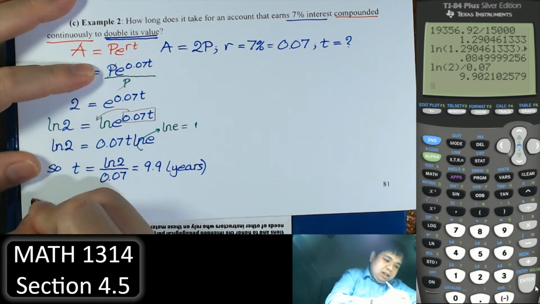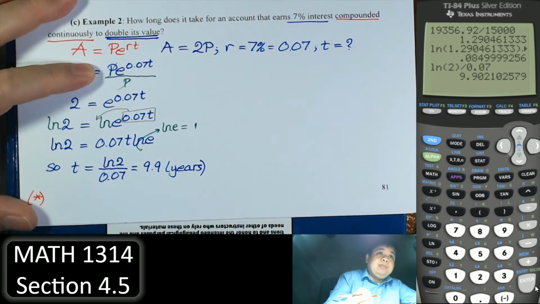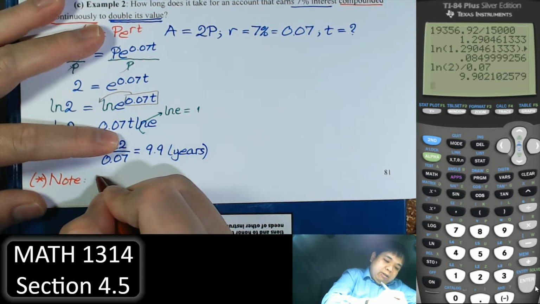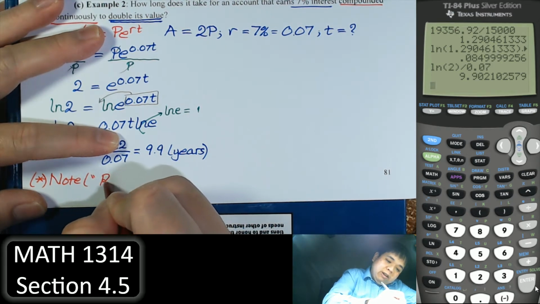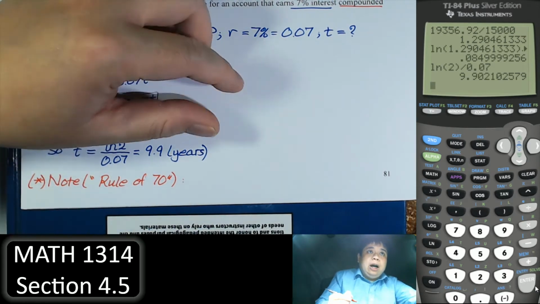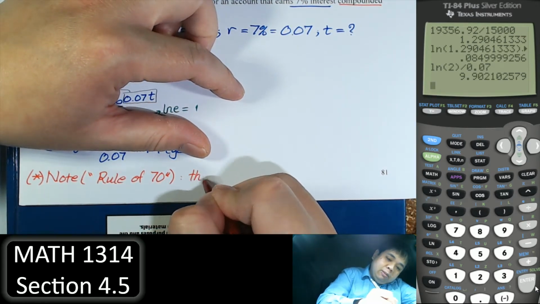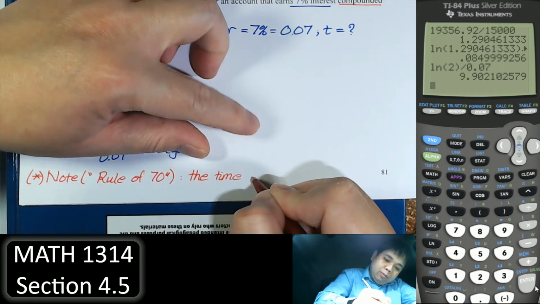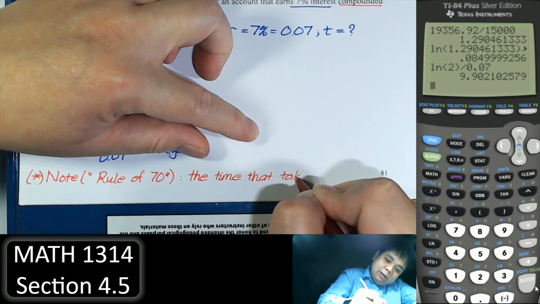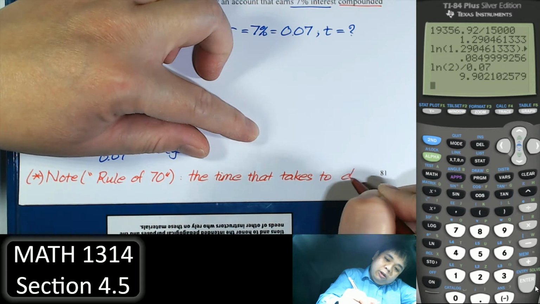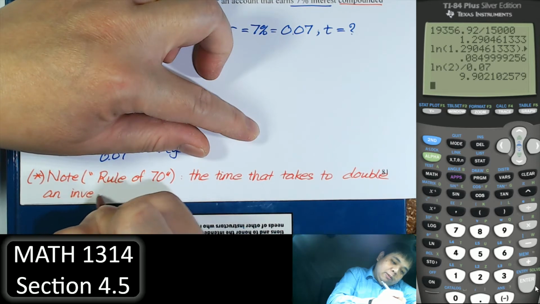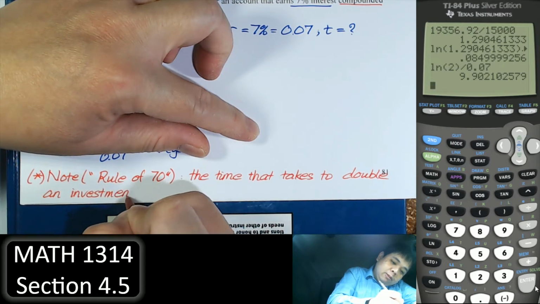In finance, what we have is the rule of 70, which is the time it takes to double an investment with compound interest.